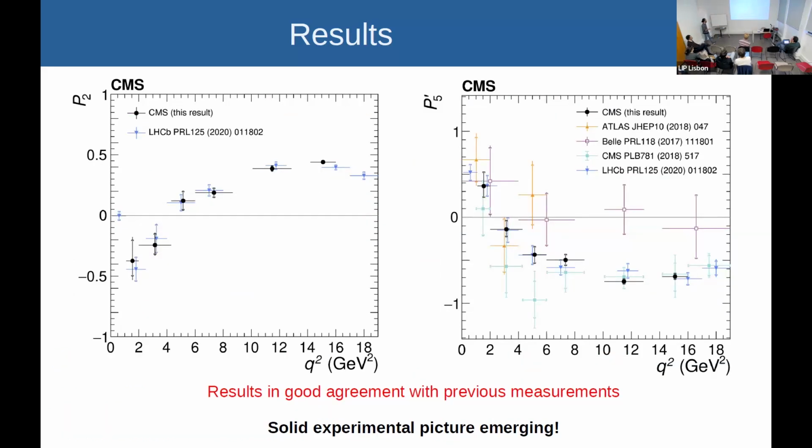What about comparing with the previous measurements? Here you can see the same two parameters, P2 and P5 prime. The others are in the backup, if you're interested, but they show the same results: there is generally very good agreement with the LHCb measurement. Previous measurements have quite large uncertainties, so it's difficult to say much.